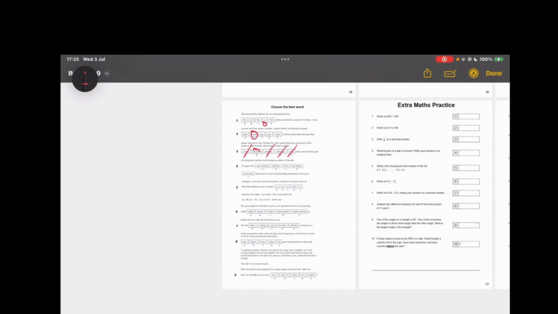So here we can see that it's talking in past tense. So this one is going to be where it's talking in that mixture between past and present.